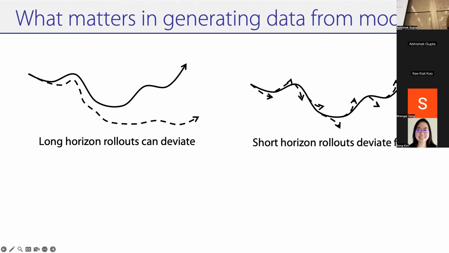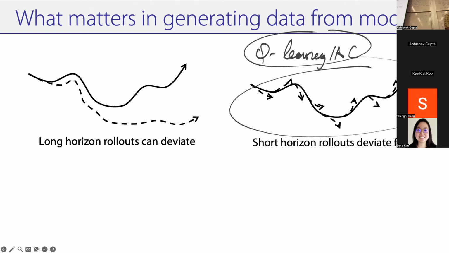So I'm going to do Q learning or actor critic on synthetic data, data I'm going to generate from my model, but I'm going to start from real data, and I'm going to generate short horizon rollouts. Depending on how wrong your model is and how susceptible it is to compounding error, the length of the rollouts will be different.